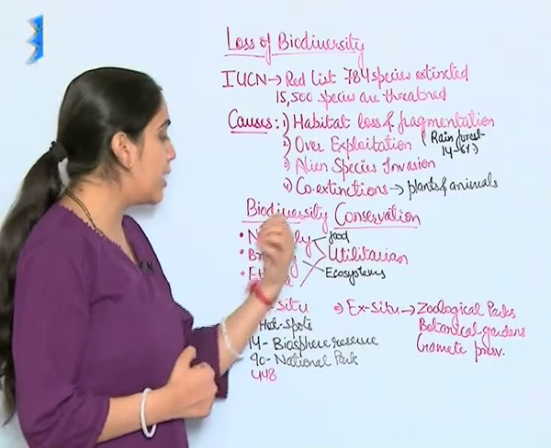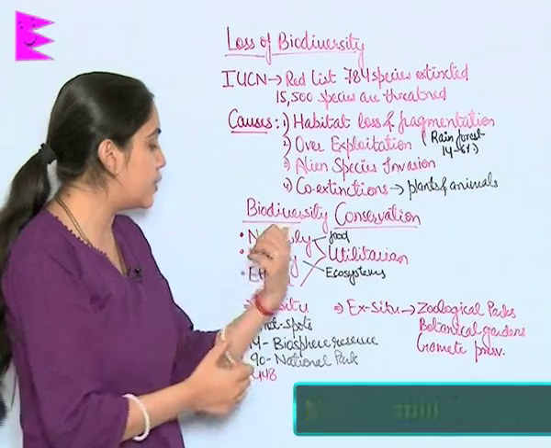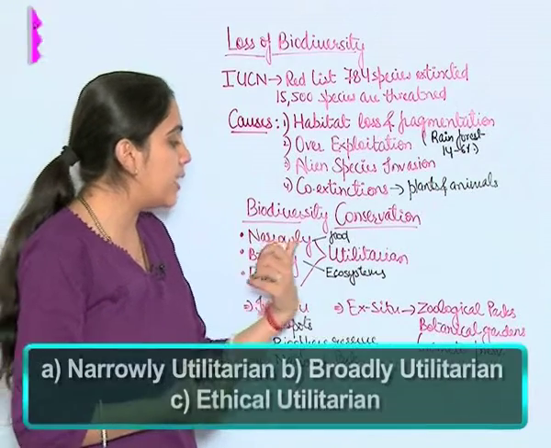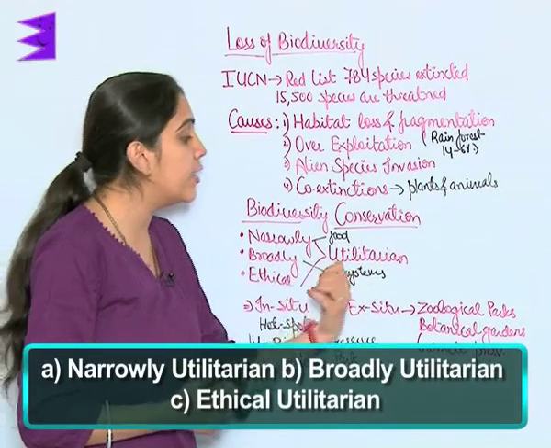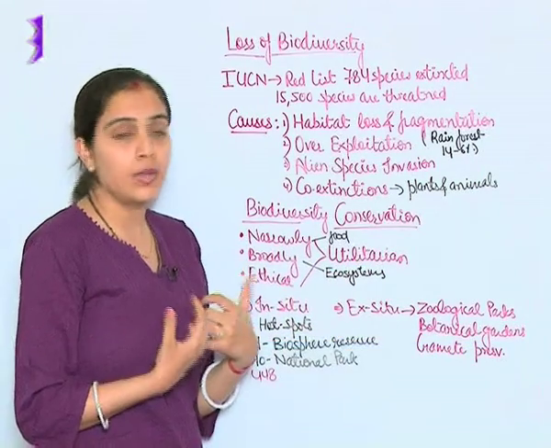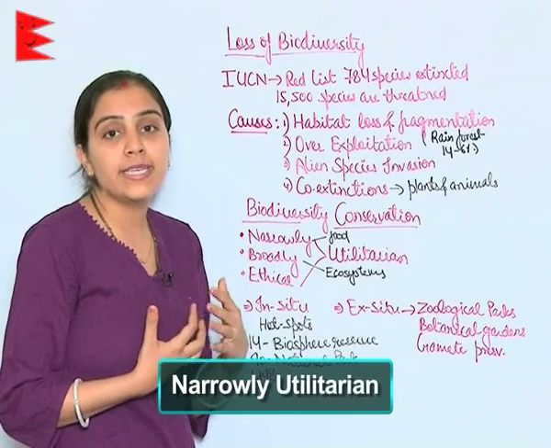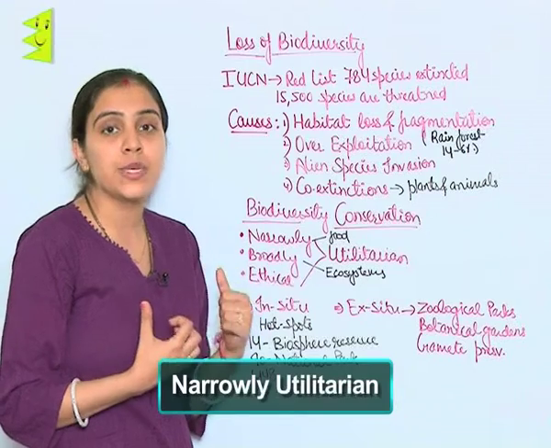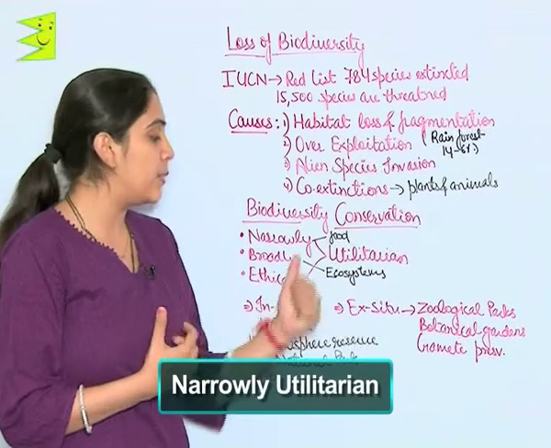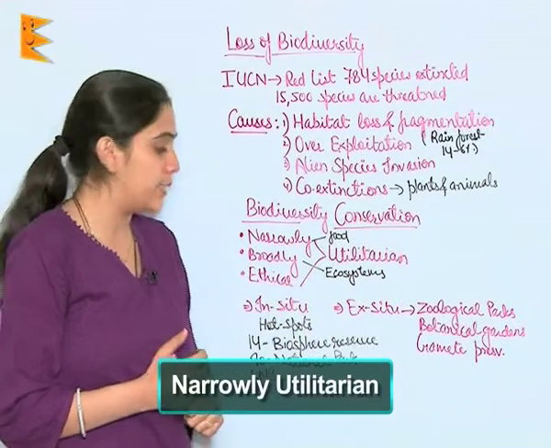Now, we classify the utility of biodiversity into three categories: narrowly utilitarian, broadly utilitarian and ethical utilitarian. In narrowly utilitarian, we focus on the food, medicine, clothes and all other endless things which we get from plants and animals. For those things, we should conserve the biodiversity.